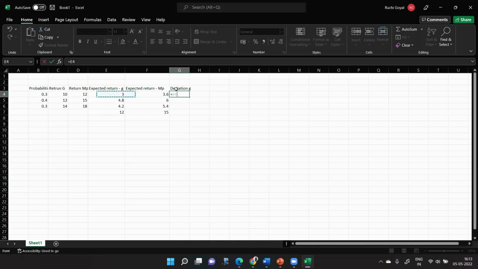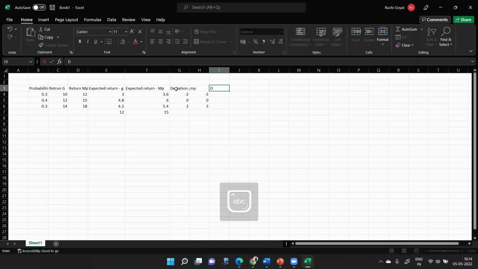Deviation is nothing but this minus 12, this minus 12, this minus 12. Okay, the deviation of the market portfolio would come out to be this minus 15, this minus 15 and this minus 15.